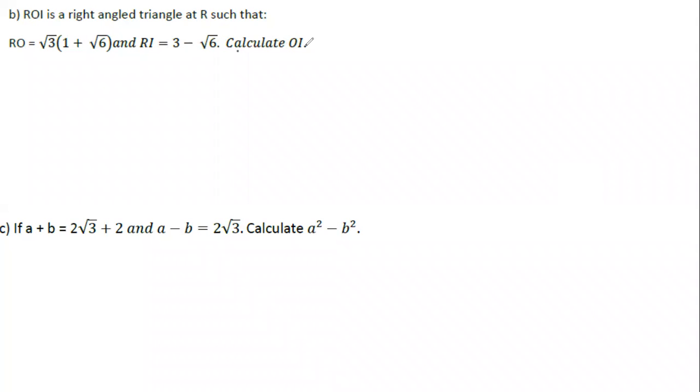Calculate OI. So what did we read here? A right triangle, I am given the first side RO, I am given the second side RI, and I have a missing side OI. Here I advise you to do a rough figure. Do you know what a rough figure means? An approximate drawing that we make on the draft.